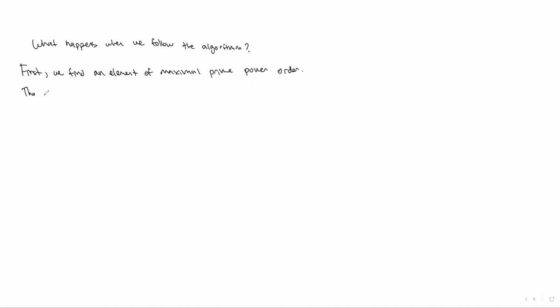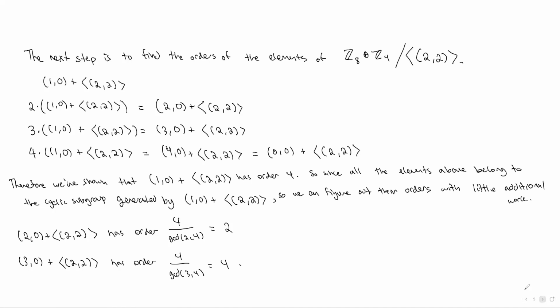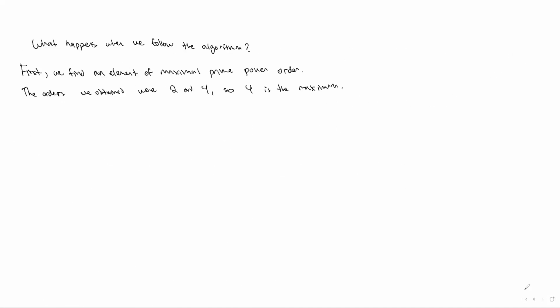The orders we obtained were 2 and 4. So 4 is the maximum. So let's look at a random one of order 4. For example, (0,1) works.